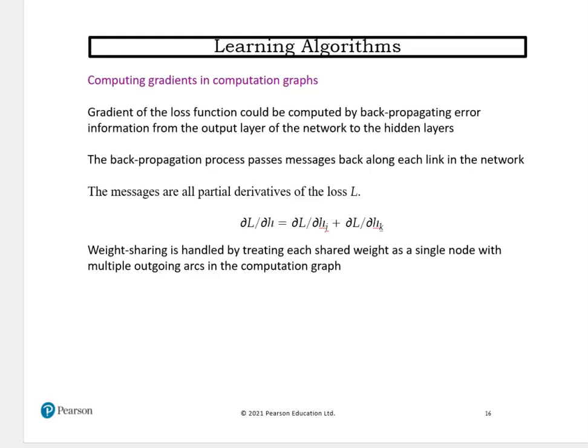We just take a step in the opposite direction to the gradient to make sure that we're reducing the loss function. And we had a parameter called alpha, which is the learning rate. This parameter is very important in determining how fast the network learns, and also if it learns in the first place. If the learning rate is too high, then it will never converge. If it's too low, then it will take forever to converge.